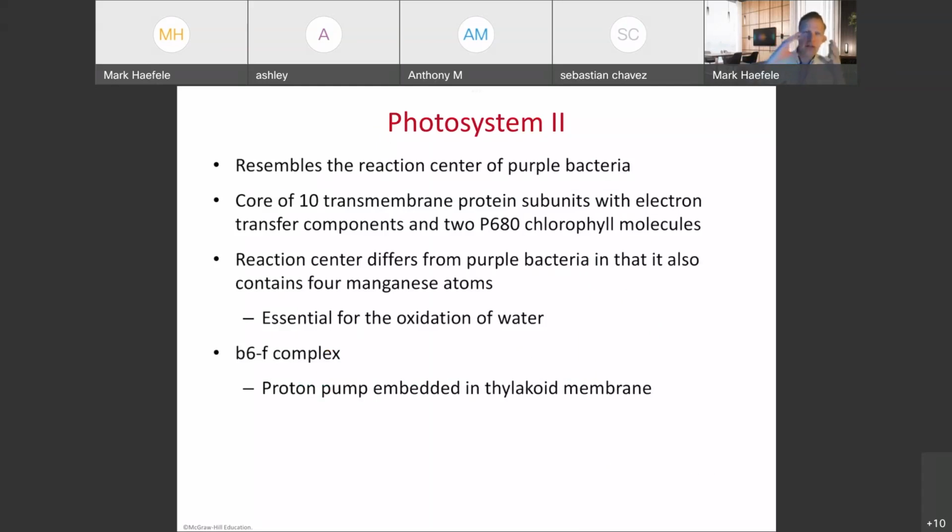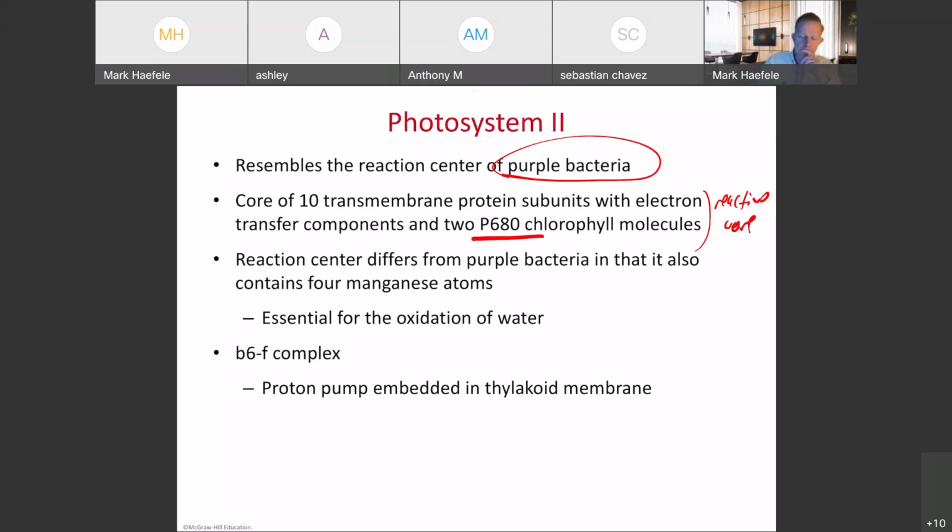That's like the reactive core. So this is a description of the reactive core. We have these 10 transmembrane protein subunits, and they're going to be doing this electron transfer piece. And you have two P680 chlorophyll molecules. Remember, the P680 is associated with the wavelength of light that they absorb. So this is your chlorophyll A stuff.